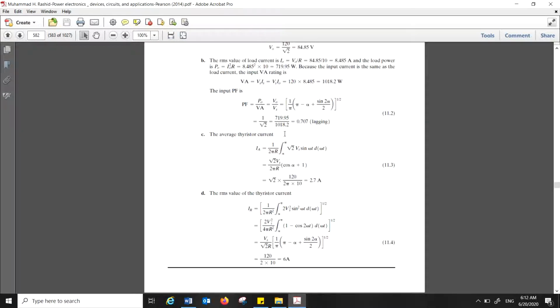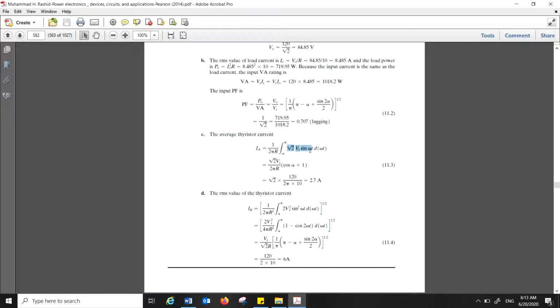Now the average thyristor current can be found by this formula. Alpha is 5 by 2, and this is the inherent property which we have already seen.